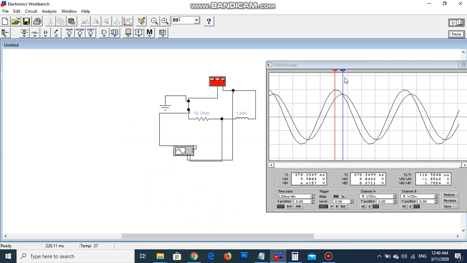UR max is in channel B, so I read VB, because channel B reads UR, and it is the maximum 8.37 volts.